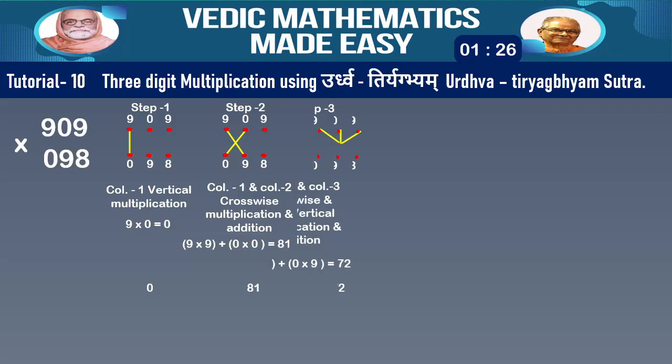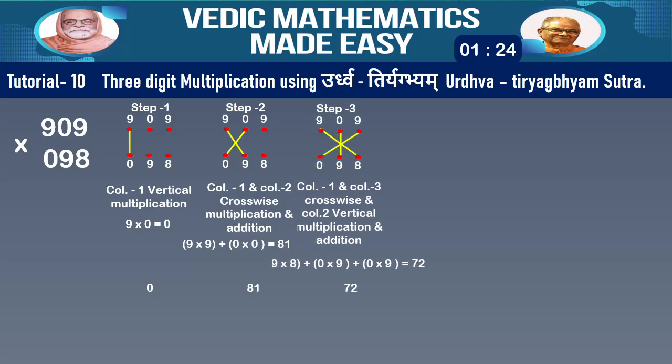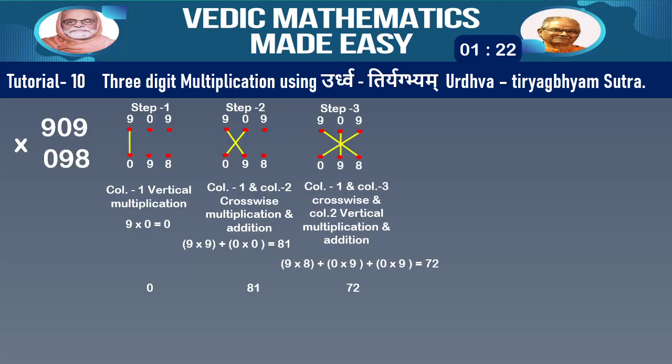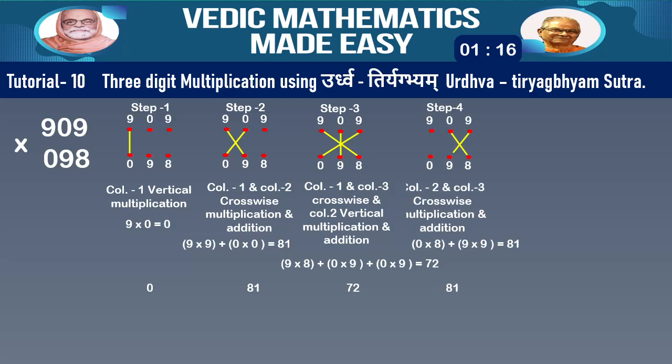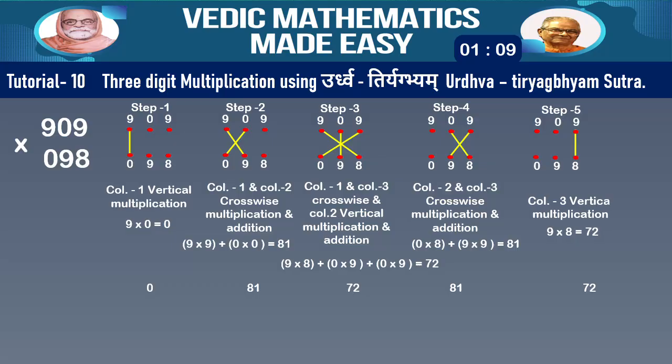Step 3 gives 9 into 8 plus 0 into 9 plus 0 into 9 is equal to 72. Step 4 gives 0 into 8 plus 9 into 9 is equal to 81. And step 5 gives 9 into 8 is equal to 72.